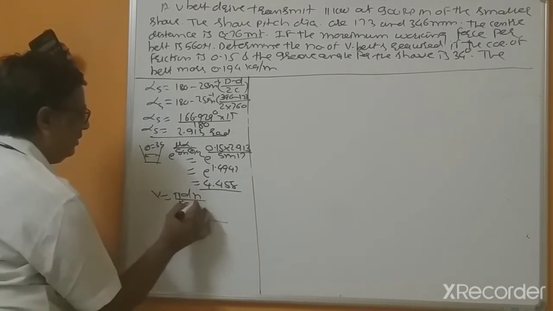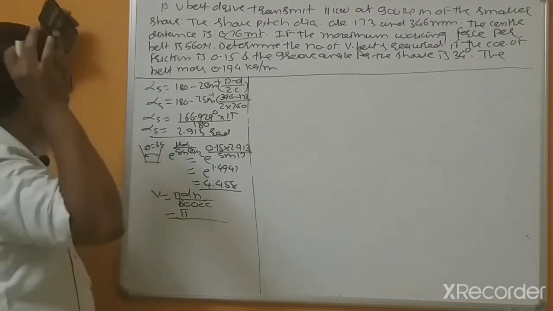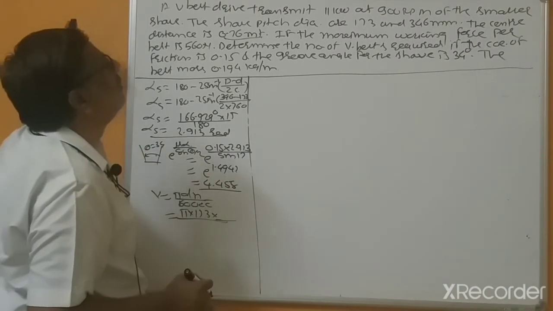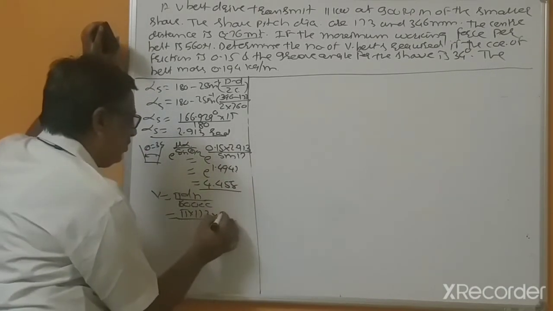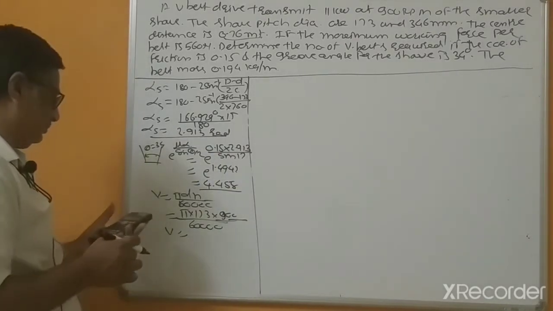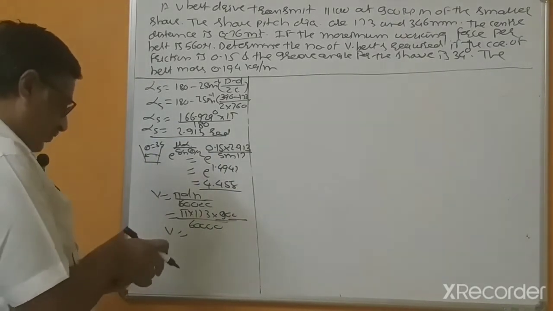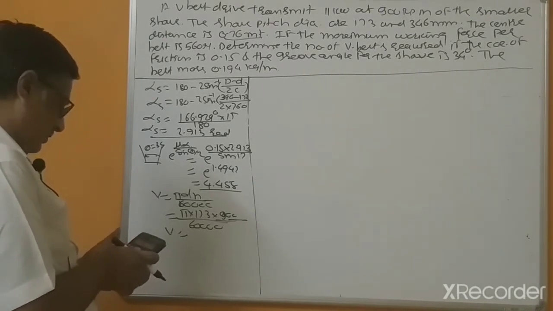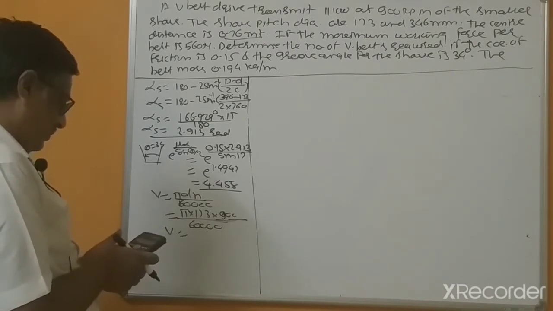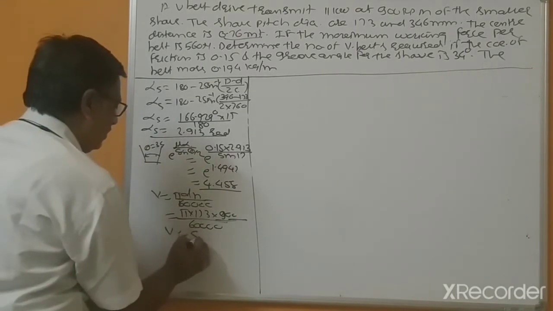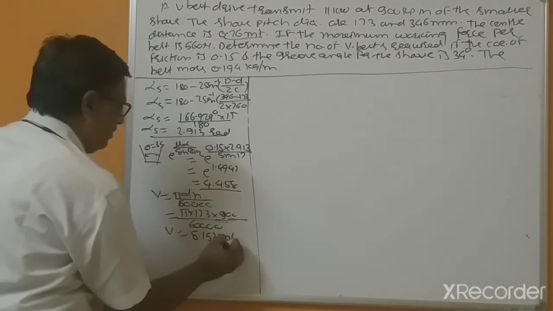Now for m v squared, we require v equal to pi d n divided by 60,000, with d equal to 173 and the RPM of the smaller pulley 900. So v equals pi into 173 multiplied by 900 divided by 60,000, equal to 8.152 meters per second.